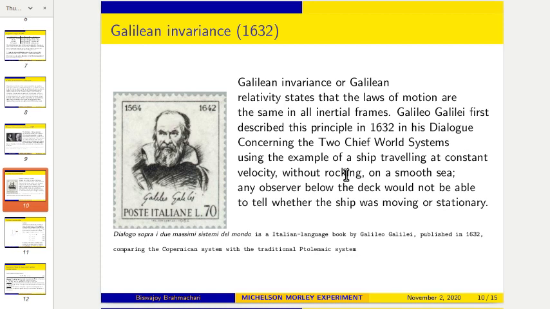You will not understand whether you are on the deck of a ship or really in a gymnasium or in a stadium. So that was Galileo's observation. That is the foundation of Galilean relativity. So let us try to see with a figure.